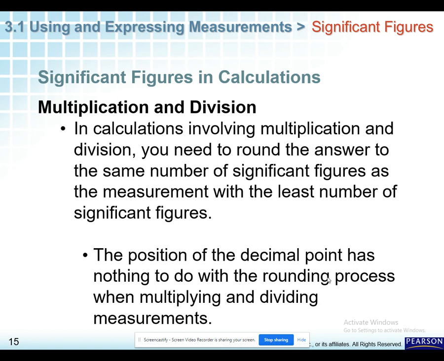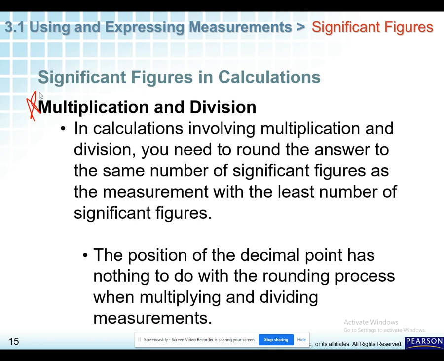People often confuse that rule for adding and subtracting with the multiplication and division rule. So first, make sure what order of operation you're doing, and then match the rules. Don't get these rules mixed up. Multiplication and division have their own rules.